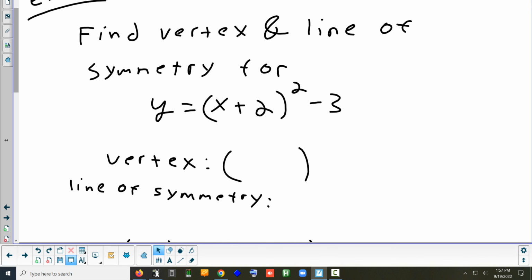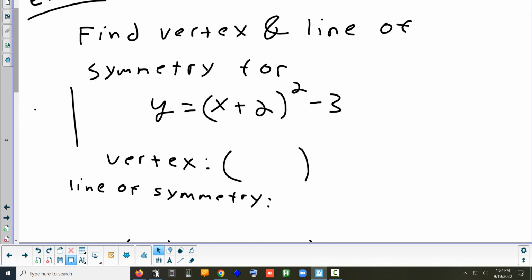Let's start with the +2. Which way does +2 move the parabola? Lucas? To the left. Yes. So we're going to go left 2.